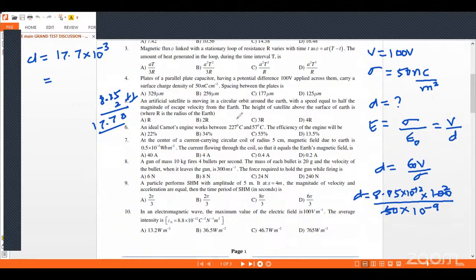They asked in terms of micrometers, right? So it will be 177 micrometer, right?